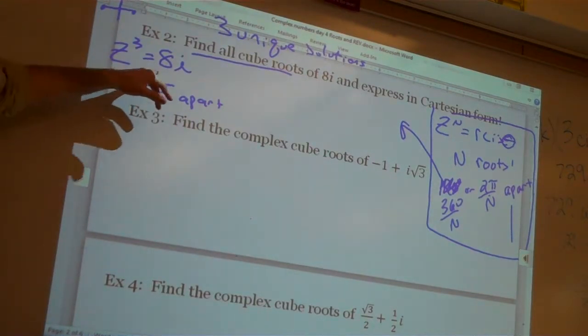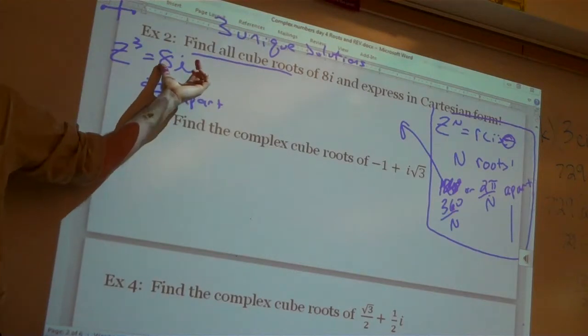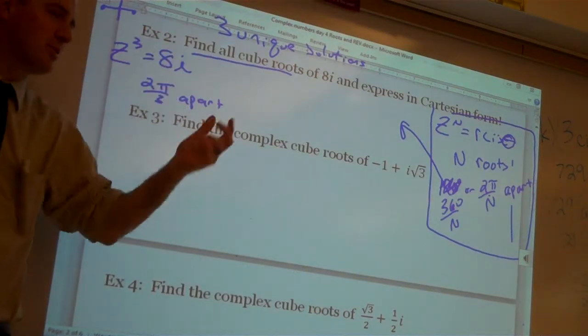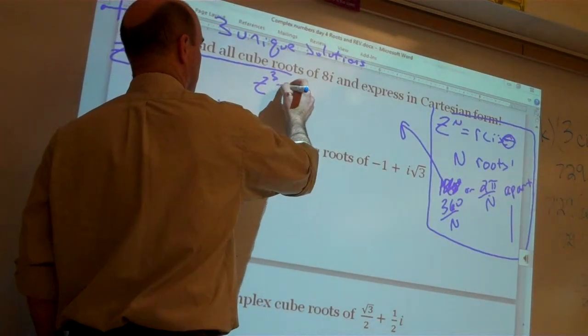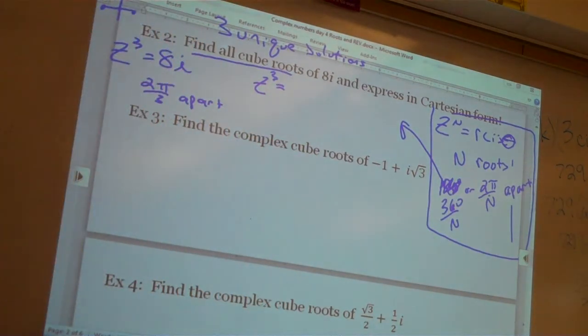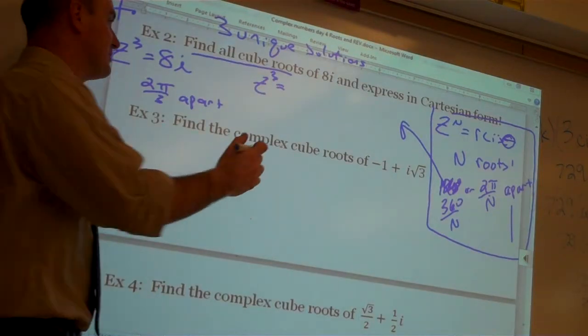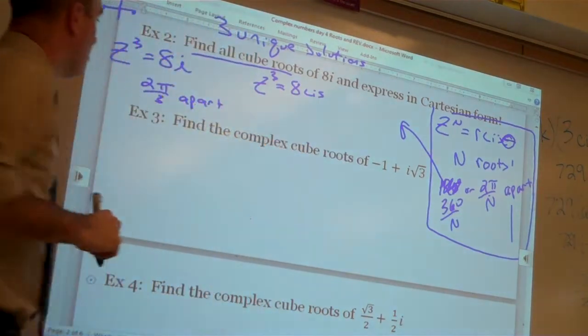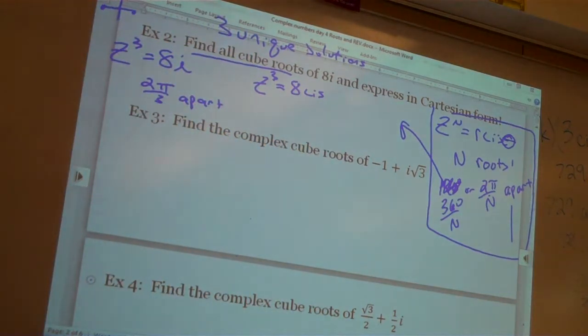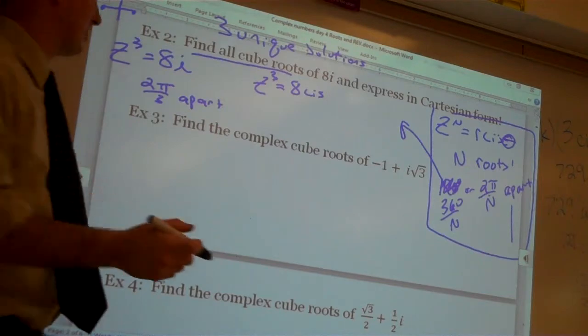I don't want to be working in Cartesian here. Much easier to be working in polar, so let's start by converting. Zero plus 8i, we know we'll have a radius of 8. What would my argument be for 8i? Pi over 2.